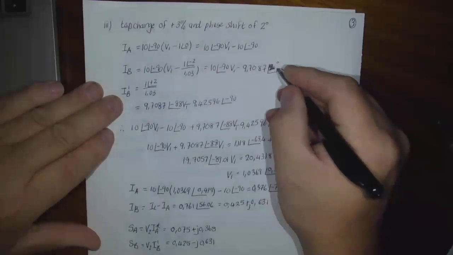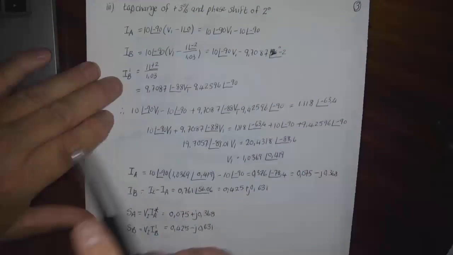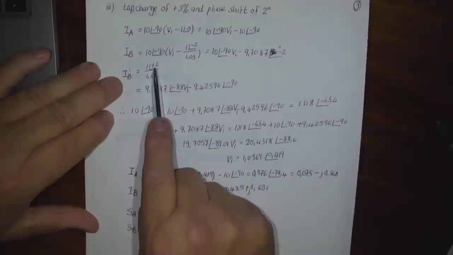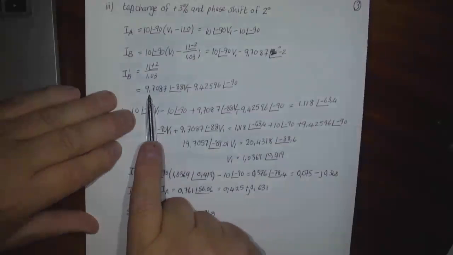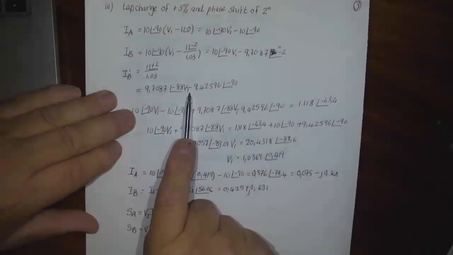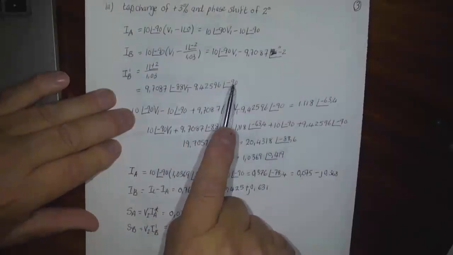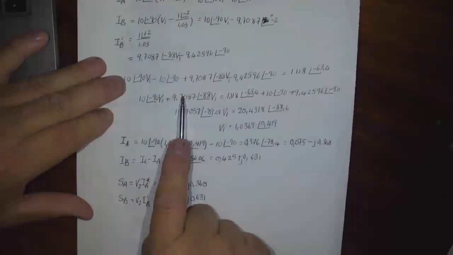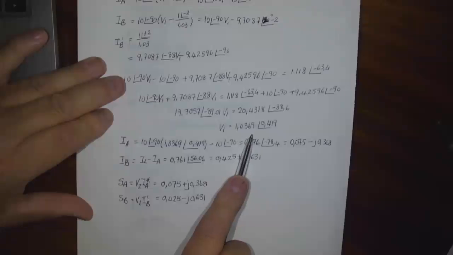Yeah, right. And then IB dash is I B times 1 angle plus 2 divided by 1.03. That gives us 9.7087 angle minus 88 V1 minus 9.426 angle minus 90. Solving for V1, we get 1.0369 angle 0.419.